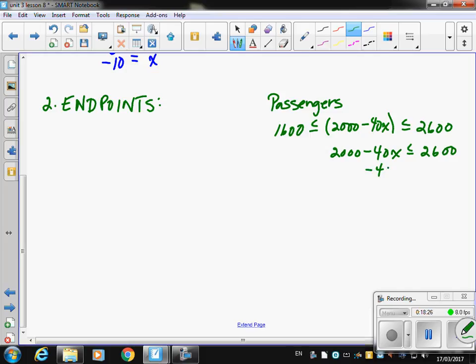and negative 40x less than or equal to 600, x less than or equal to negative 15. Check the math. We're good. Okay. The other one is where 2,000 subtract 40x is greater than or equal to 1,600.